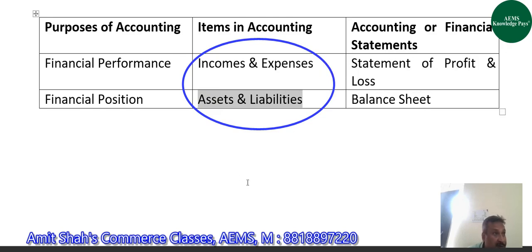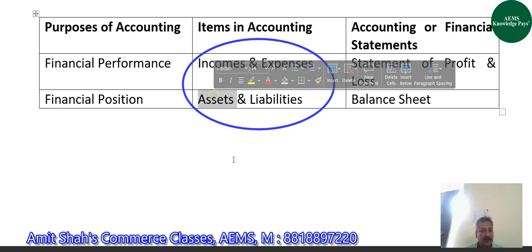Here we do not know totals, here we know balances of assets and liabilities. Suppose cash is an asset. During a year in business, there is a lot of inflow and outflow of cash. At the end of the year, what is the balance of cash? That is the balance of our asset.